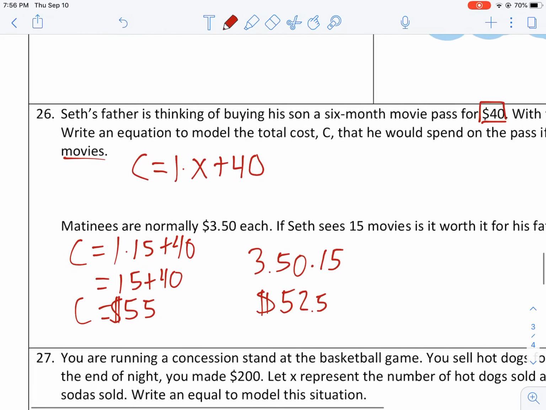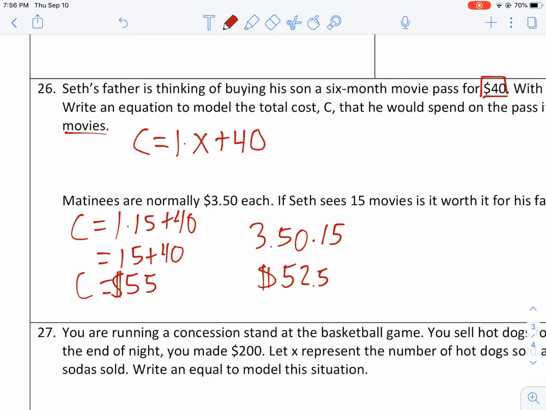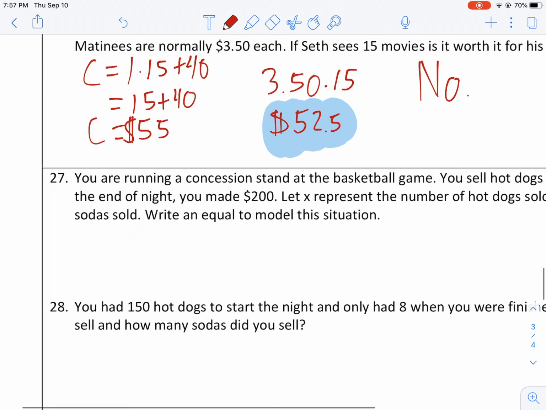So if Seth saw only 15 movies, would it be worth it? No. He'd be paying $55 when normally he'd be paying $52.50. So it would actually be more expensive with the pass. You'd have to see more than 15 movies in 6 months for the pass to be worth it. That doesn't sound like a good deal to me. I don't know who goes to see that many movies. Maybe you do, but I definitely do not.